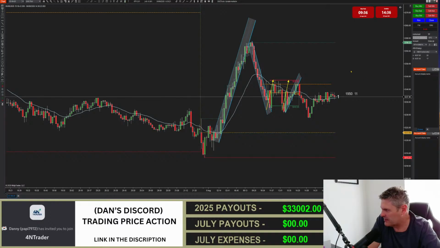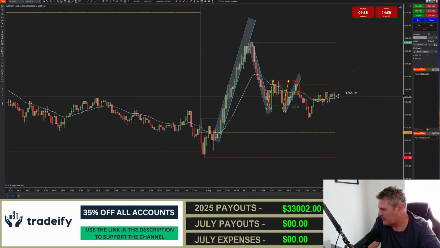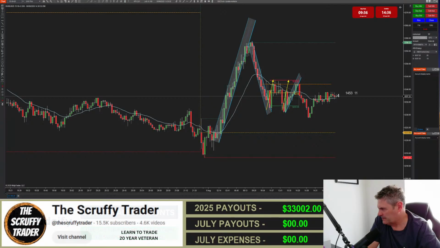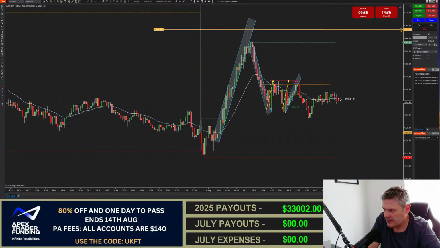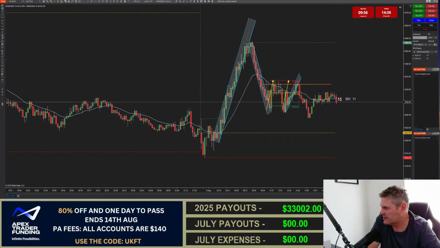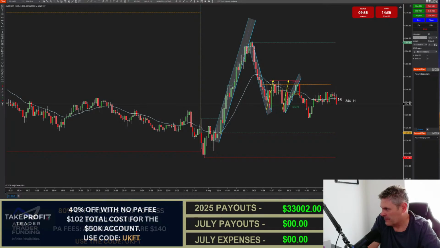I can trade them individually, my Tradeify accounts. But for some reason, not all of them. Trouble is, I can't get into Guardian Angel Trader now. It won't let me in at the moment.